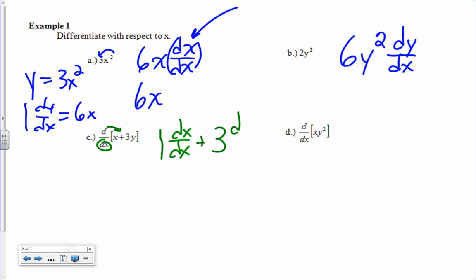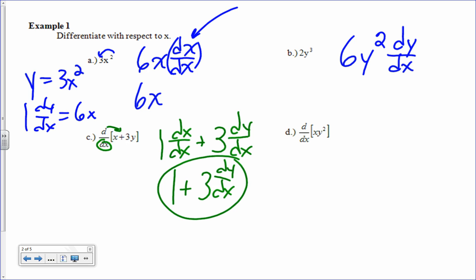But I took the derivative of y with respect to x. Of these two, which of them can I simplify? The dx over dx is just 1. So really this is just 1 plus 3 dy dx. And I've never really seen it quite done this way. What's that? Because I don't know what dy dx is. I know that dx over dx is 1, though. I know that. That's guaranteed. Okay.